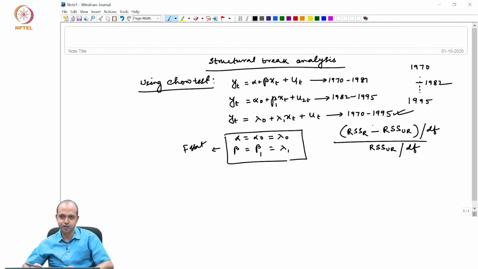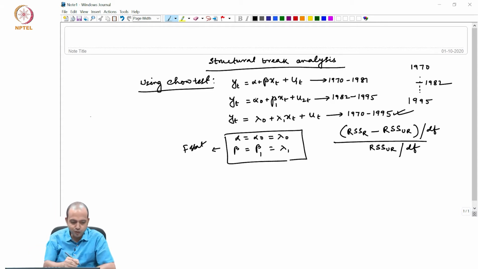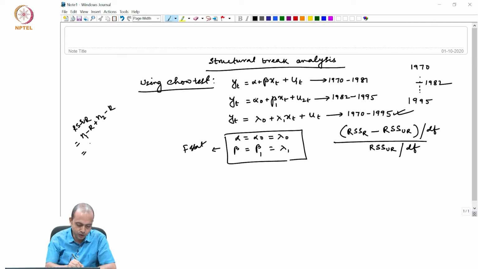And how do you get RSS UR? Its degrees of freedom is N1 minus k plus N2 minus k, so it is N1 plus N2 minus 2k.